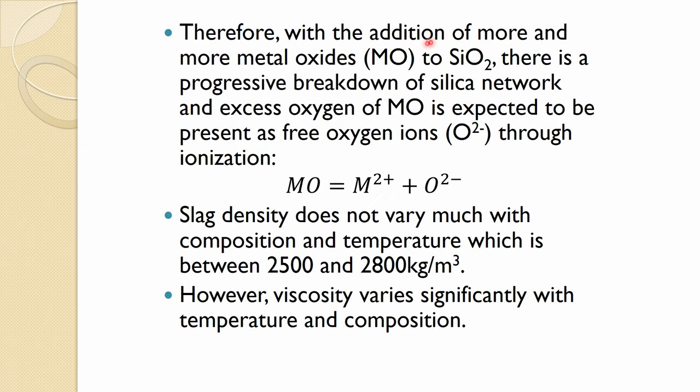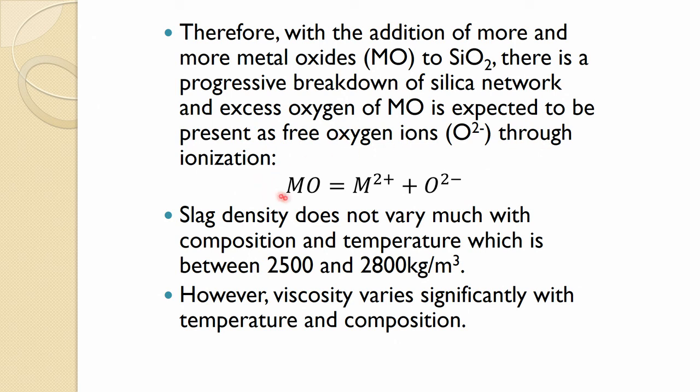Therefore, with the addition of more and more metal oxides like MO to SiO2, there is a progressive breakdown of the silica network, and the excess oxygen of the metal oxide is expected to be present as free oxygen ions.